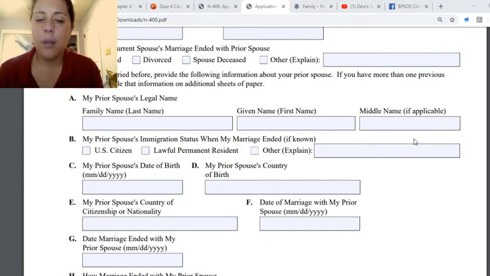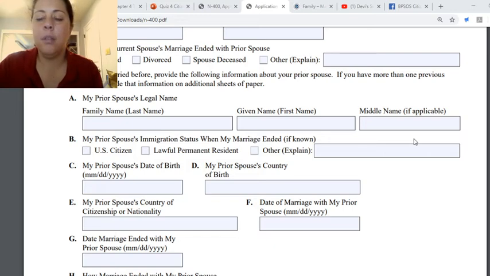Now, if you have only been married once, because remember, it asks you how many times have you been married, and if you say once, then you do not need to fill out this information because you only have one spouse, your current spouse. But if you had a husband or wife from before, then you need to fill out this part.